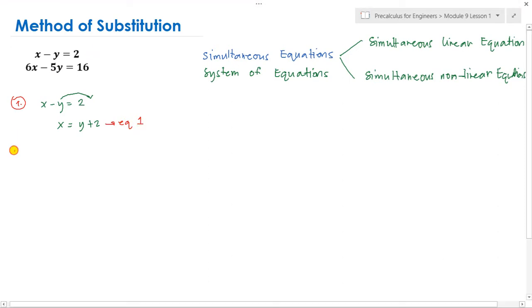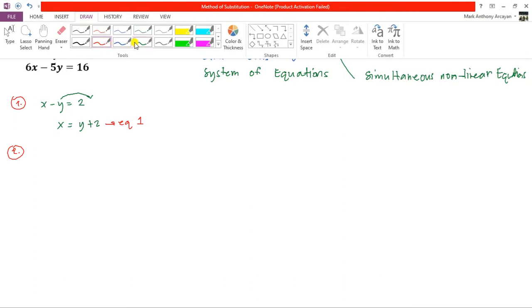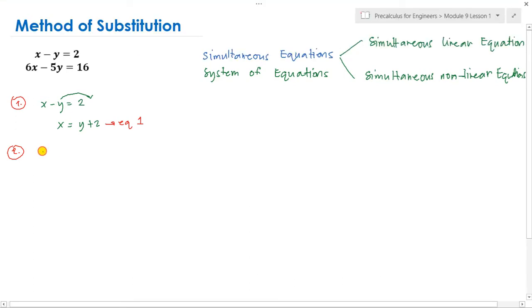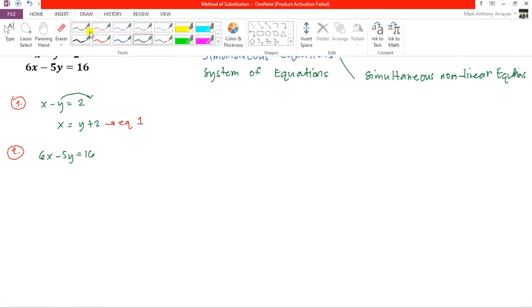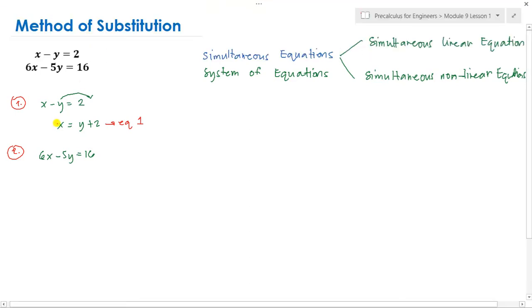Now the second step is let's proceed to the second equation from the given. In the second equation, we have 6x minus 5y is equal to 16. Now here, since we already have a value of x in terms of the other variable, we can substitute that to our second equation.